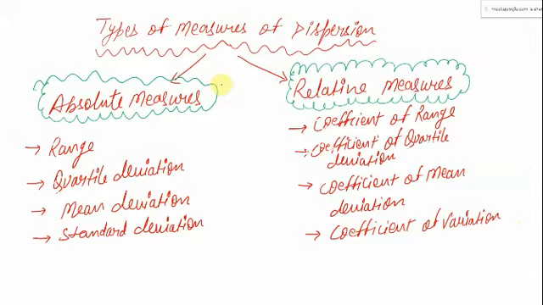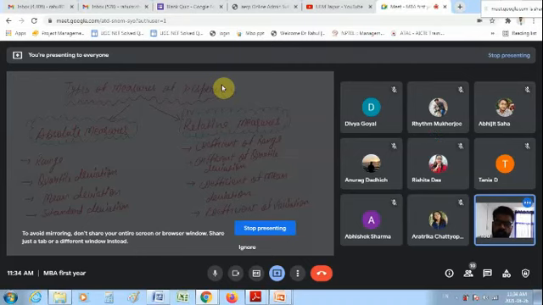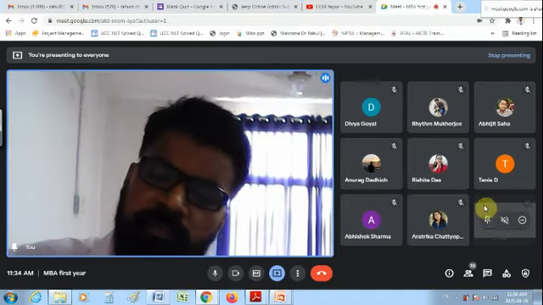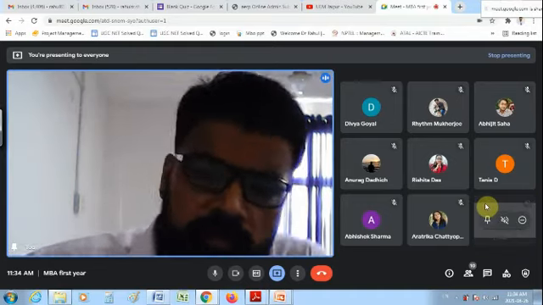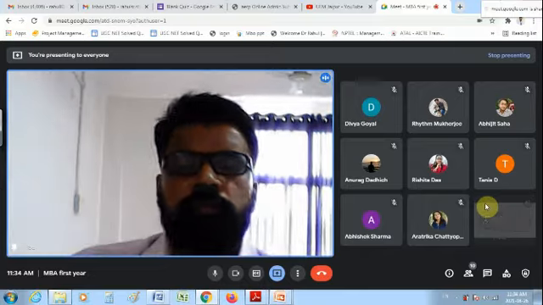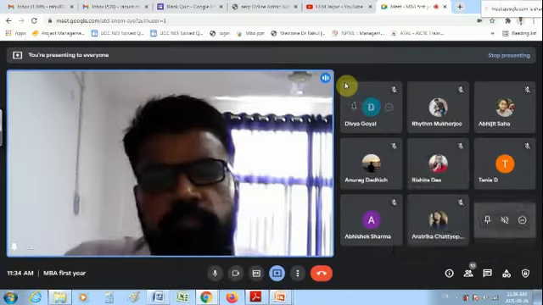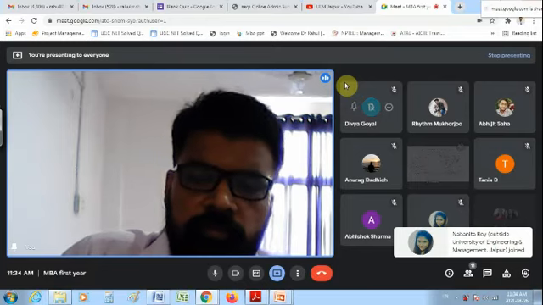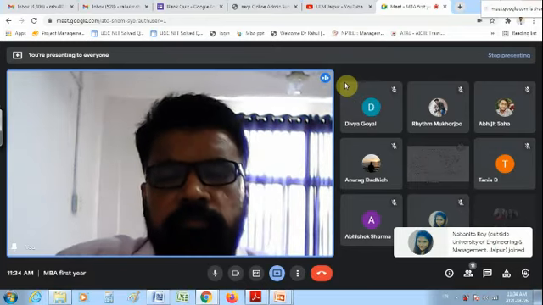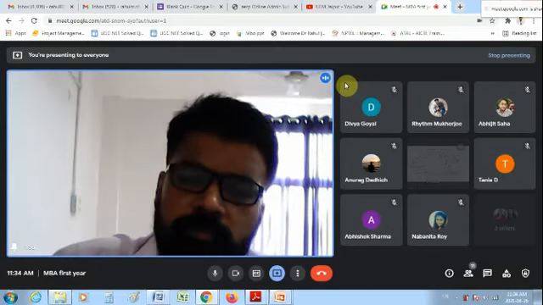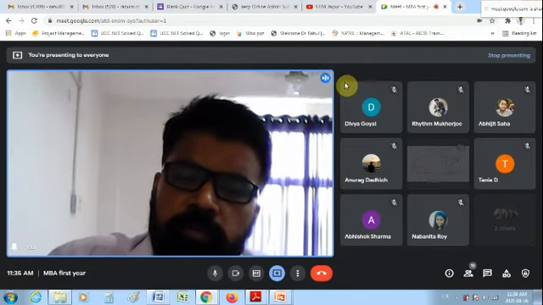So, in the last class, we discussed some basic theoretical meaning and definition of measures of dispersion. At the end of the class, we discussed the classification and the different techniques or methods under the two categories.